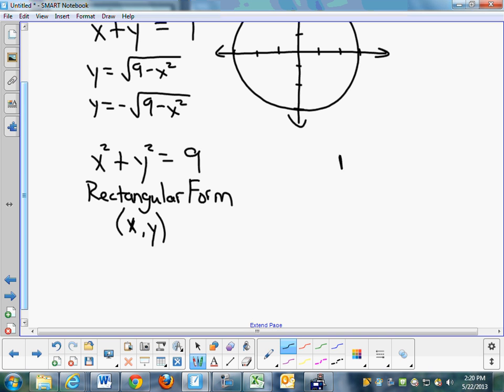But we also have an equation, r equals 3, and that's what we call polar form. And that has coordinates r, theta. R is the radius, theta is the angle. And we call those polar coordinates. So your goal for today is to be able to plot polar coordinates and be able to name them appropriately. Are you ready? Let's begin with an example.